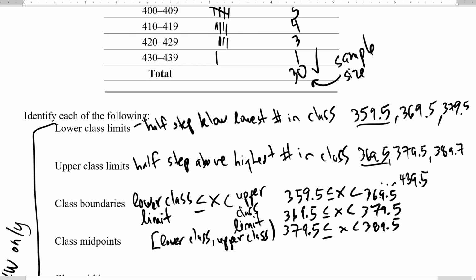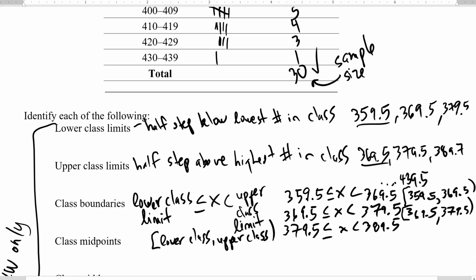So you could put 359.5 in brackets, 369.5 in parentheses, 369.5 in brackets, 379.5 in parentheses. So depending on your comfort, either of those would be fine.